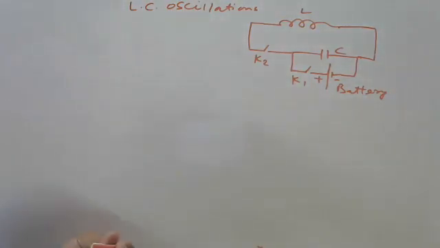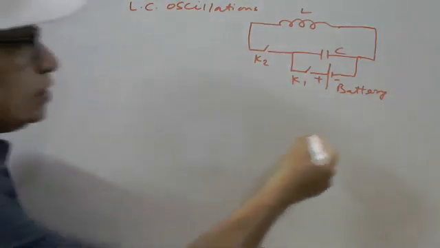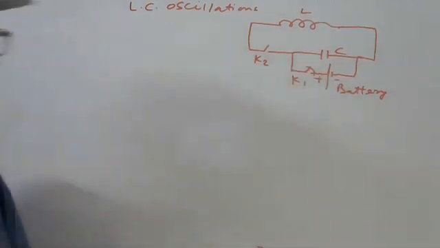Like this, at t is equal to 0, suppose K1 is closed, then what will happen?